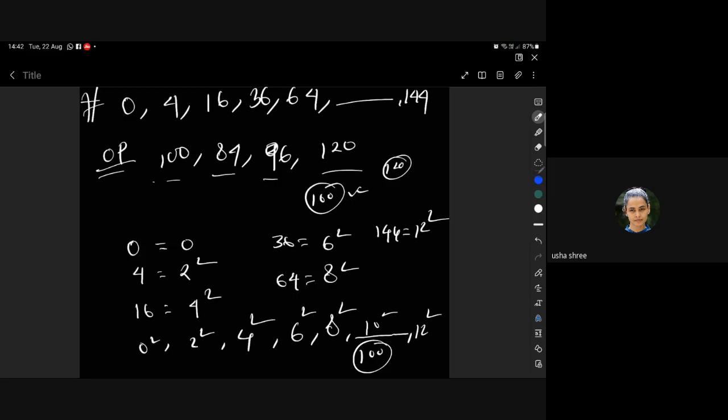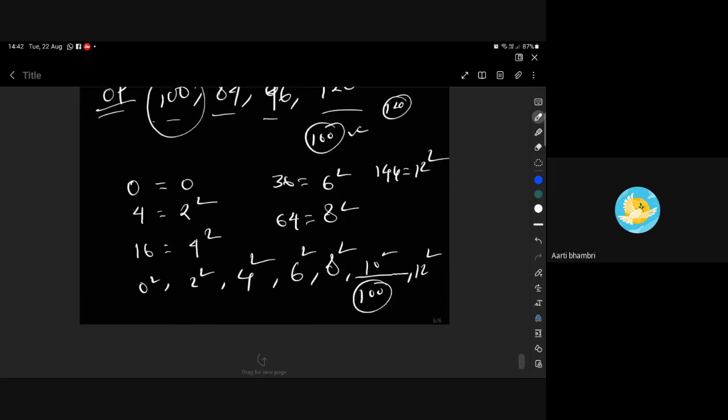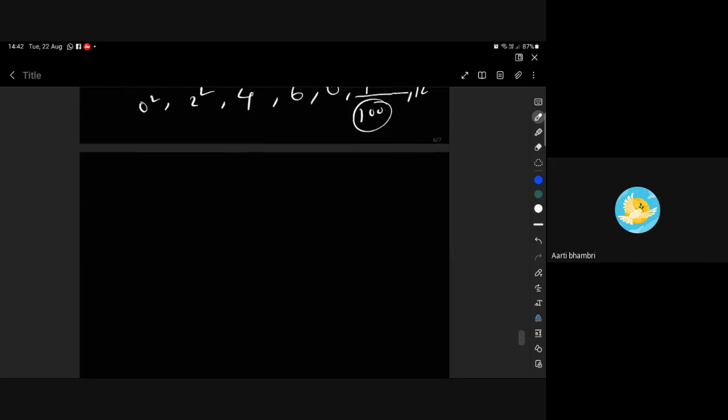Any doubt? No, sir. So at least up to 20, you have to remember the squares. 20 square. Okay. Now suppose I give you another question to solve.